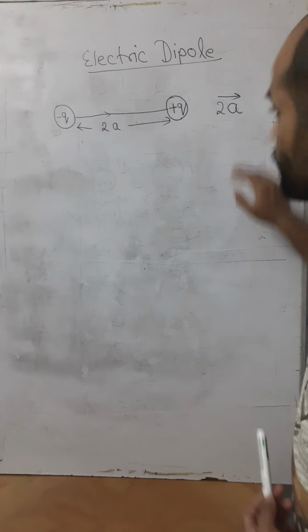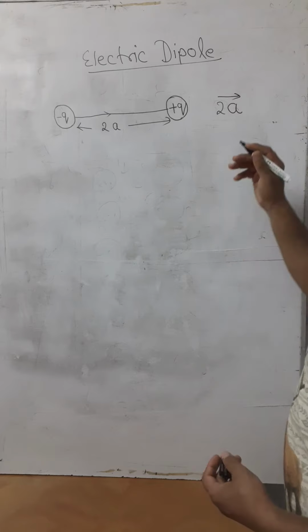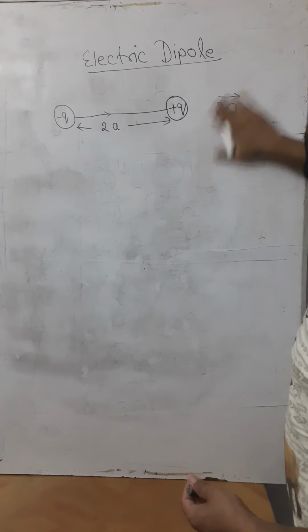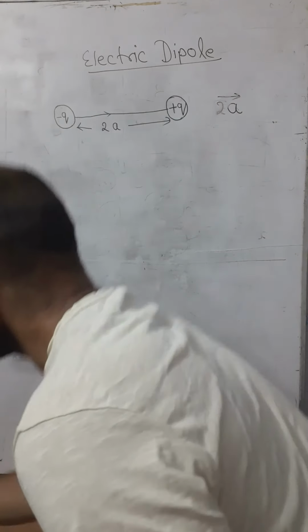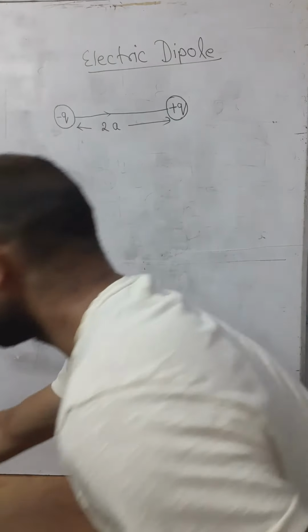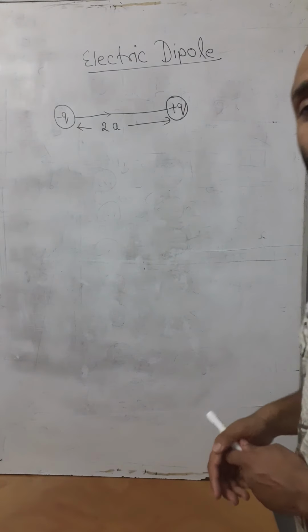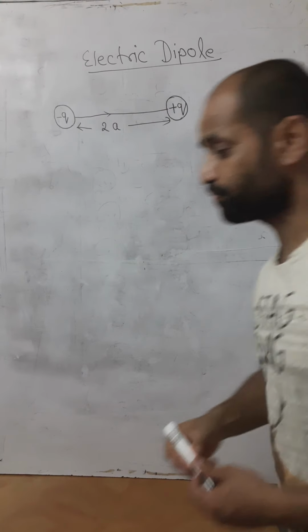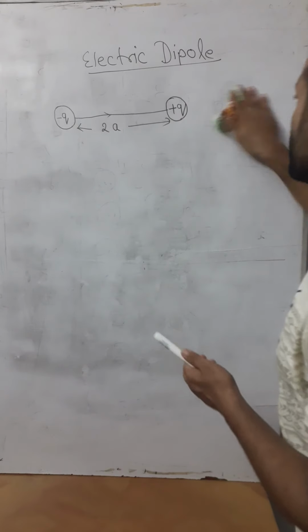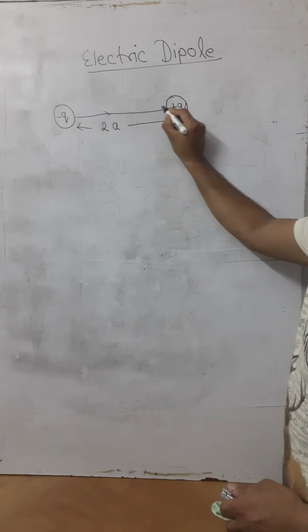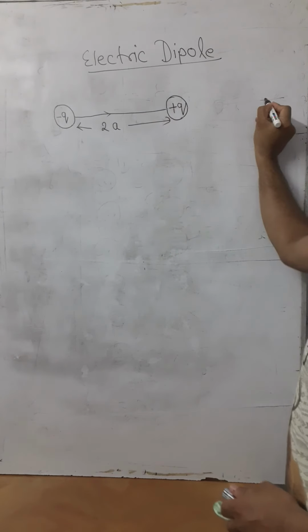Suppose somewhere at axial point or equatorial point. Okay, what do we mean by axial point and equatorial point? Now see, axial point means the line joining the two charges. This is the line joining the two charges, like this, right?